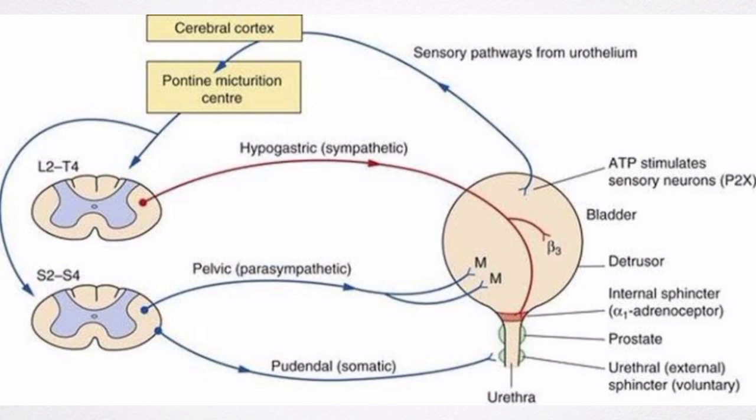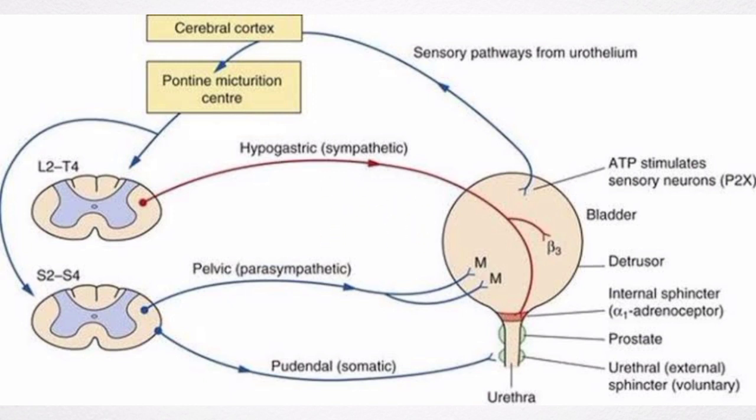The first nerve comes from the sacral segment of the spinal cord. This nerve is known as the pelvic nerve, which is a parasympathetic nerve. It is not under our control. The pelvic nerve releases acetylcholine. When acetylcholine binds to the muscarinic receptor on the detrusor muscles, it will cause contraction of the detrusor muscles.